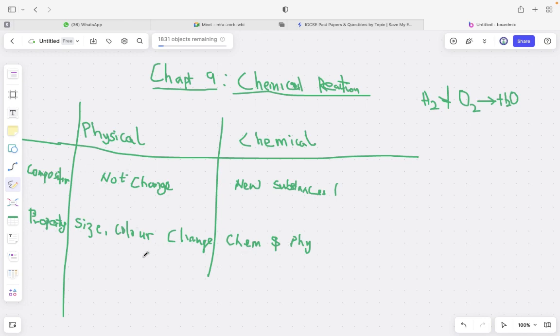I will use CHEM to represent chemical, and PHY to represent physical. But in physical change, only the physical properties will change, but the chemical property does not change. So I write chem not. Chem not means the chemical property will not change during the physical change process. The chemical property of that substance, like the atomic structure and the molecules, will not change. However, the physical property might change, like the size, the color, and so forth.